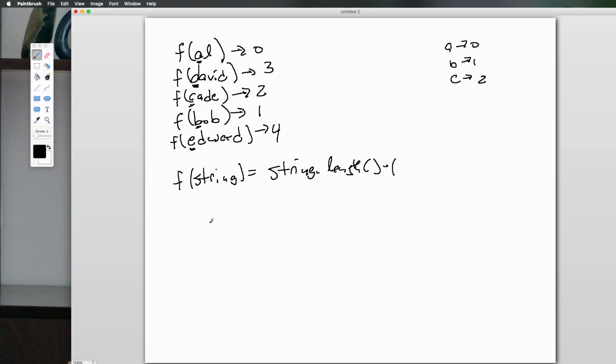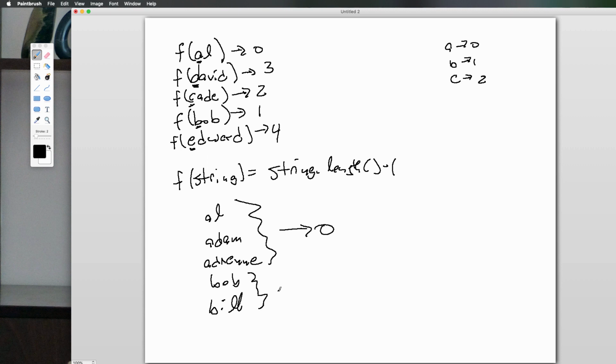First of all, what if the names I had were Al, Adam, Adrian, Bob, and Bill? The problem we have now is that these three over here all appear that they're going to map to 0, and these two over here all appear that they map to 1.